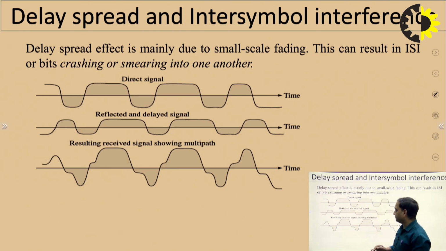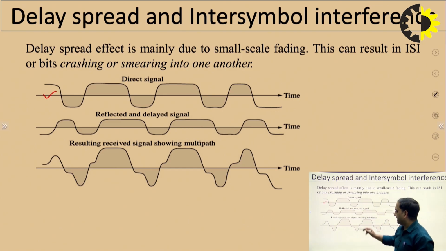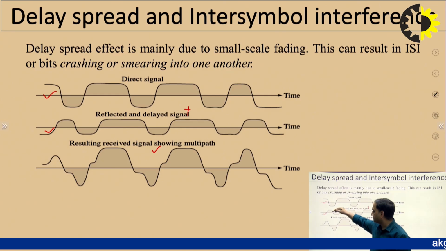With this diagram, we can see this is our line of sight signal, that is the direct signal, and this signal is the reflected and delayed version of the signal. When we combine these two signals, the resultant signal will look like this one. So there is a superimposition of the direct LOS and the non-LOS signals.